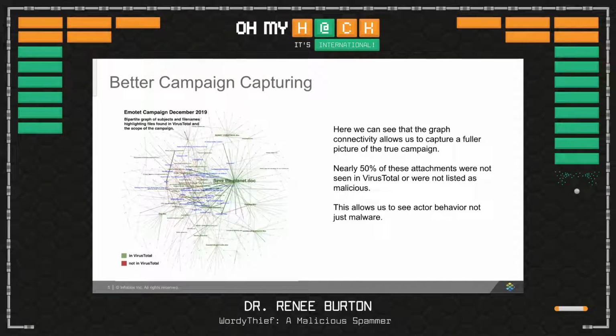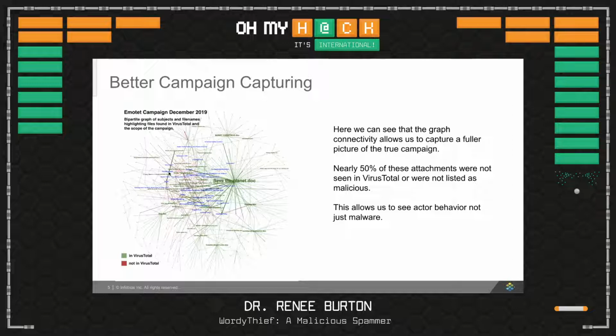So let's take a look at some of the advantages for this process that we have found in our use of these techniques for reducing data. One thing we can do when we put the data together is capture campaigns a lot more effectively. Rather than looking at individual emails or even a very small amount, we can put them all together over a period of time.